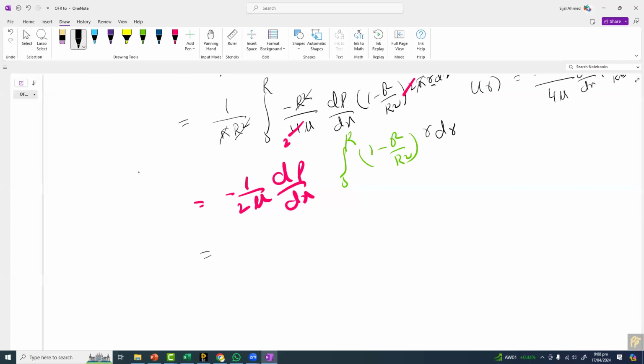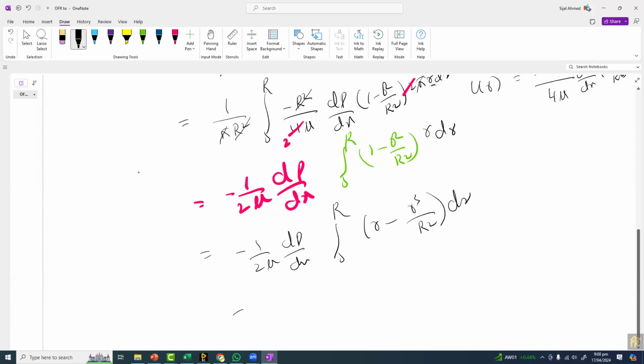So then finally we have minus 1 upon 2 mu dp by dx, from 0 to R. If you multiply this r with the bracket, this will be r minus r cube upon R square, dr. So now integrate this equation.